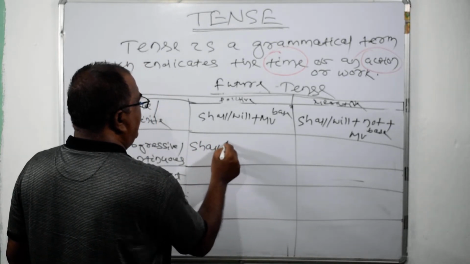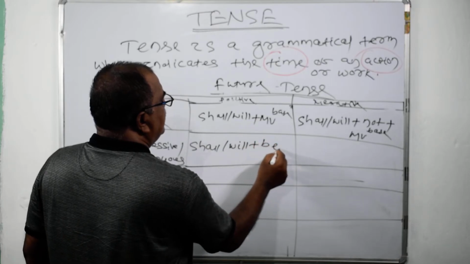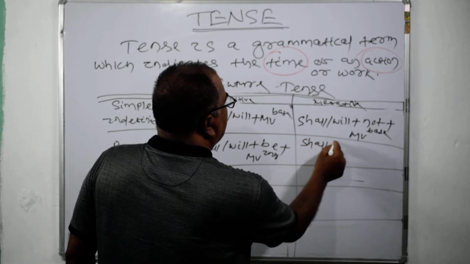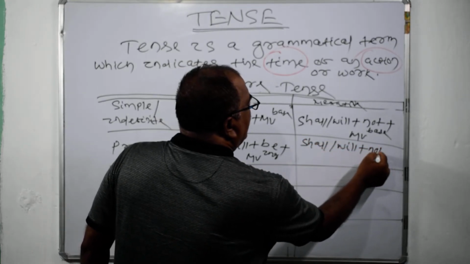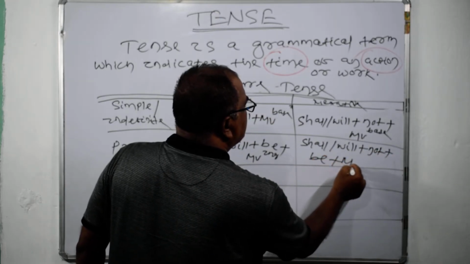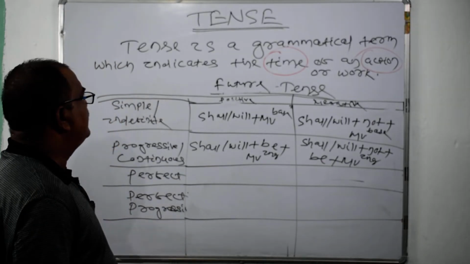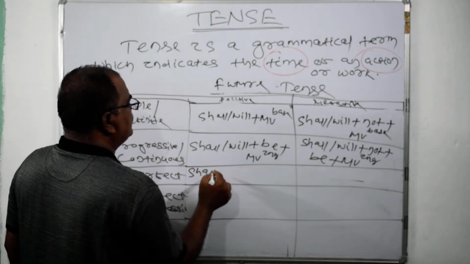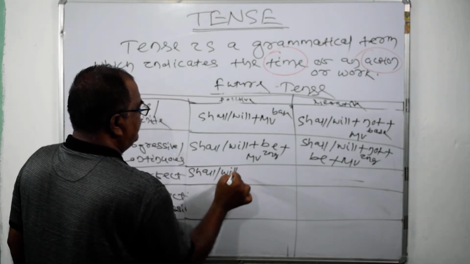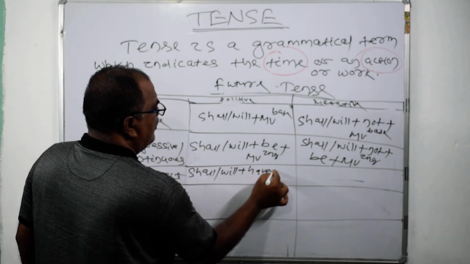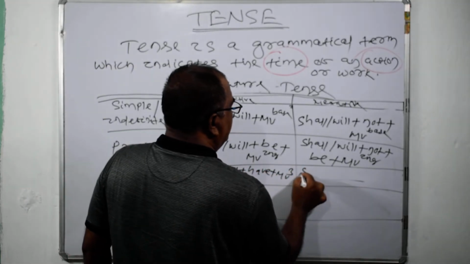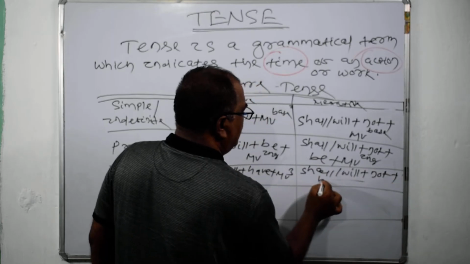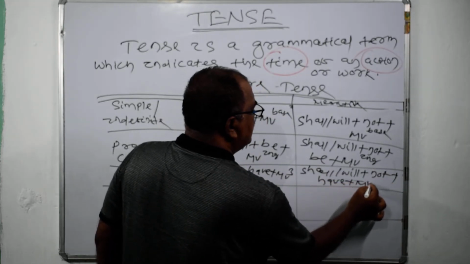Future progressive: shall or will plus be plus MV ing. Its negative form is shall or will plus not plus be plus MV ing. Like this, the future perfect form, the positive form of the verb, is shall or will plus have plus MV3. Its negative form is shall or will plus not plus have plus MV3.